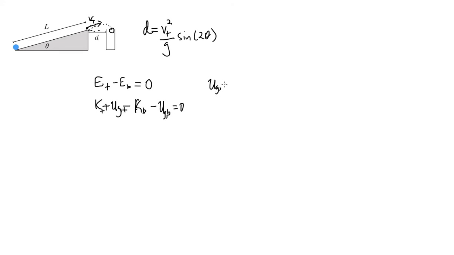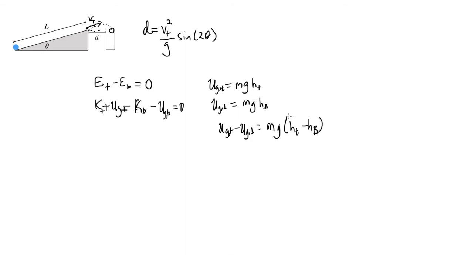UG at the top is just the mass of the ball times the gravitational constant times the height at the top, h top. UG bottom is just going to be m g h b. And then if I take the potential at the top minus the bottom, UGT minus UGB is mg times the height difference, ht minus hb.